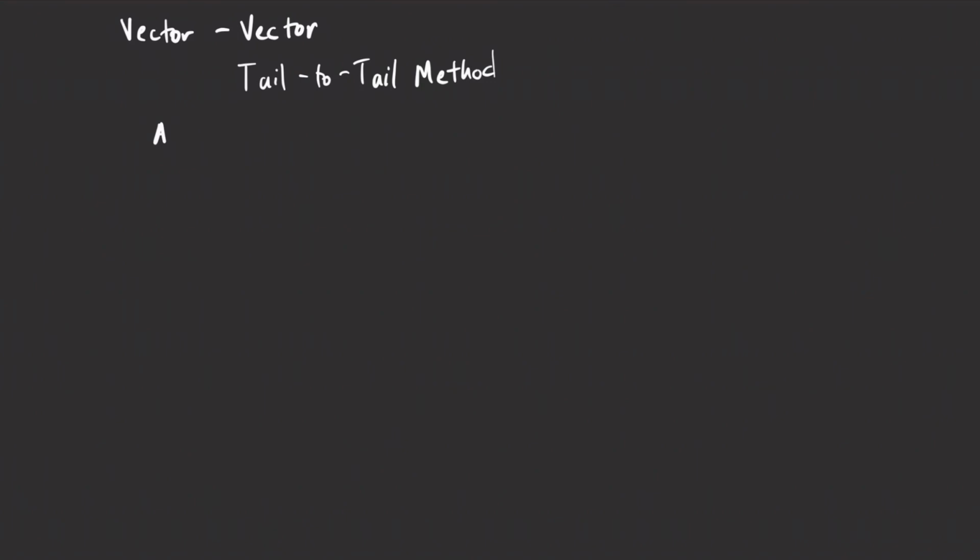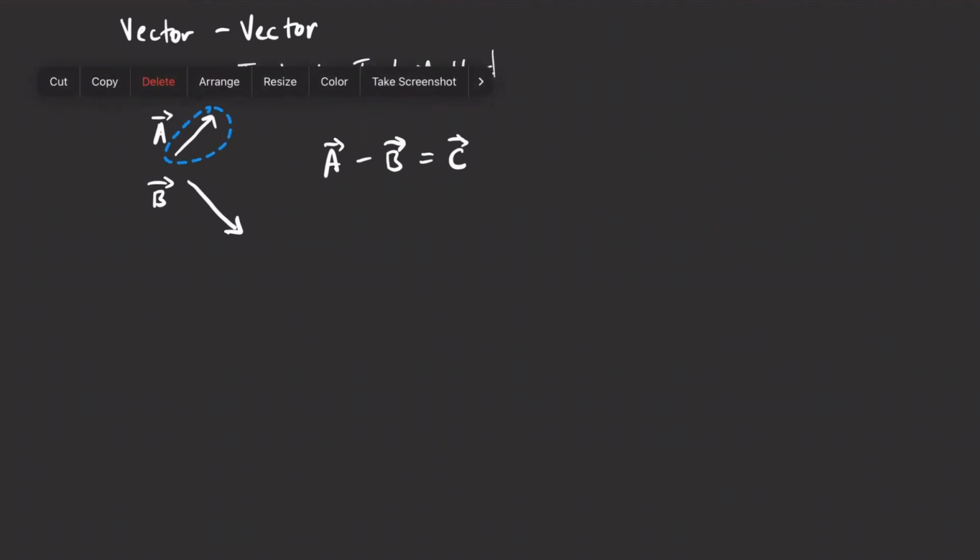So once again, if we go ahead and draw out a vector A that looks like this, and a vector B that, let's say, looks like this. If we want to do A minus B, which equals C, the tail to tail method means that we take vector A, go ahead and copy that over here.